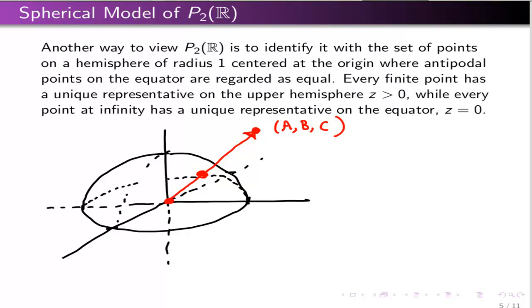And so you scale down the point ABC and you get a unique representative on this upper hemisphere. Then the points at infinity, those are the points where the z-coordinate is 0, would correspond to points on the equator. So these are the points at infinity, A, B, 0.